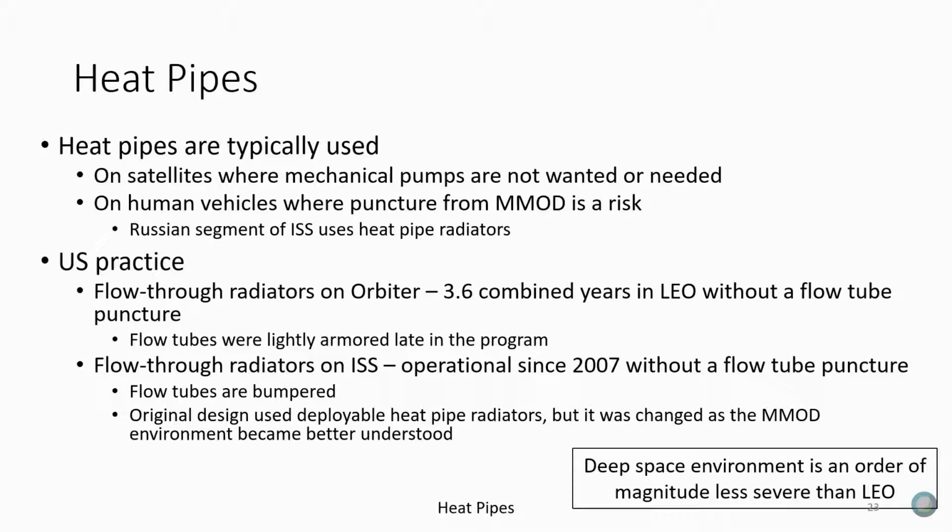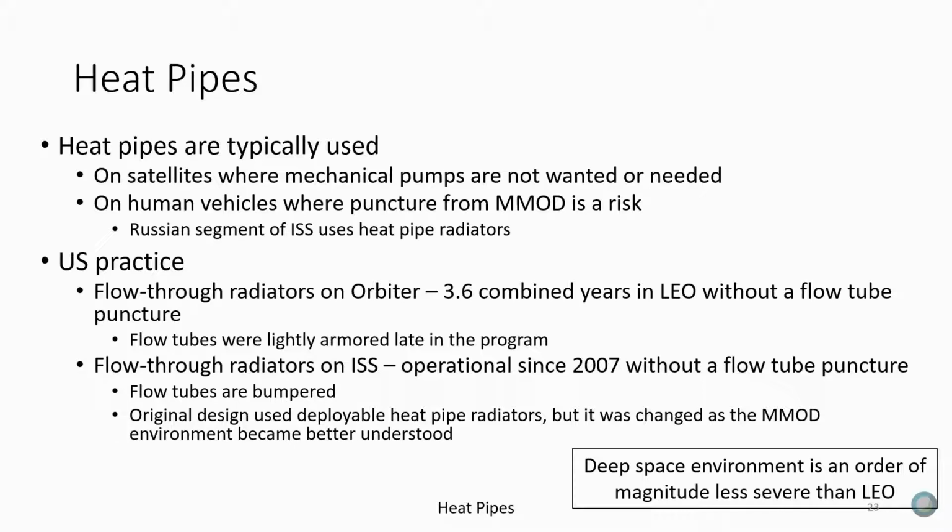We're like, we're not looking at having a huge number of punctures. Can we get away from heat pipes? Because heat pipes are heavier than flow-through tubes. The other thing a heat pipe does is it decreases the surface temperature of the radiator because the heat pipe itself has a temperature drop as it's carrying the energy. It worked out that it was fully acceptable to go to flow-through radiators with bumper tubes, and so that was a change that was made.